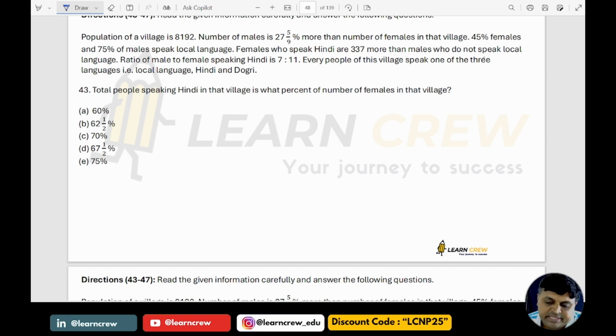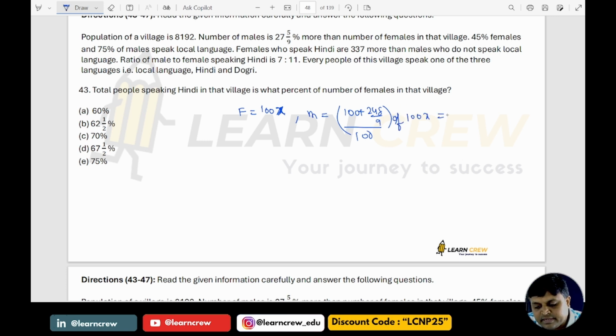Number of males is 248 by 9 percent more than females. So if I take the total number of females as 100%, for example 100x as females, then how much do I get for males? Males are 100x plus 248 by 9 percent of 100x.